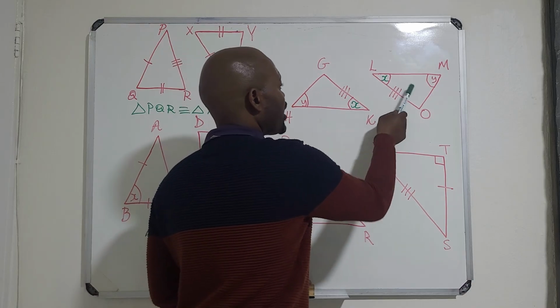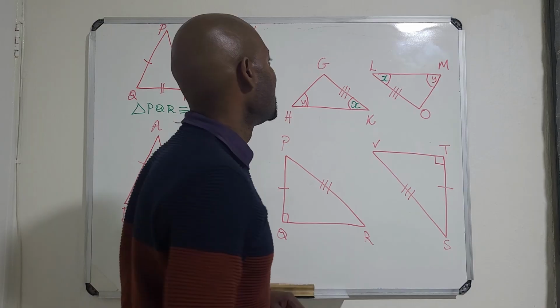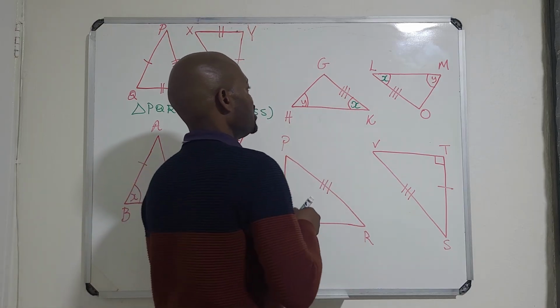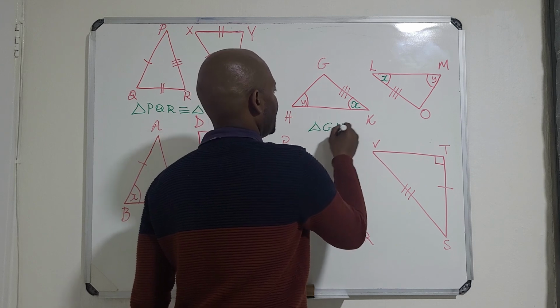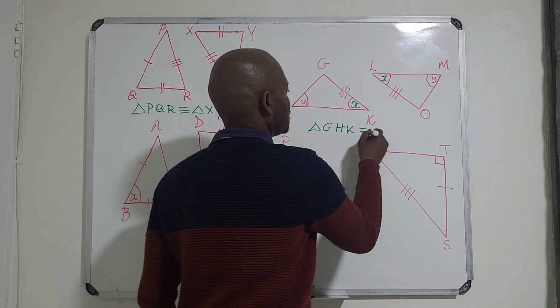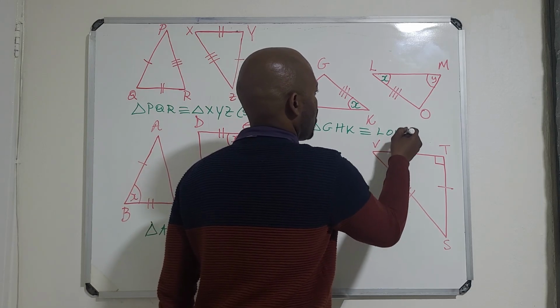Therefore, the two triangles have the same shape and the same size, so they are congruent. Triangle GHK is congruent to triangle LOM.